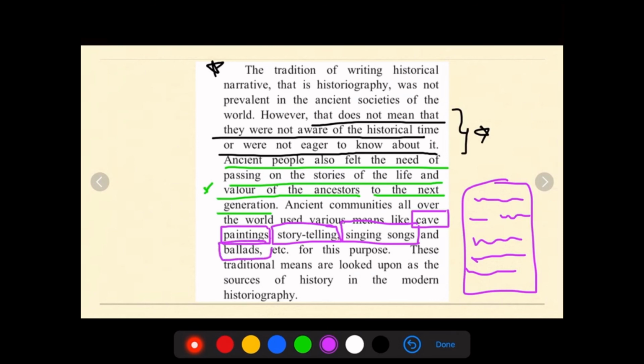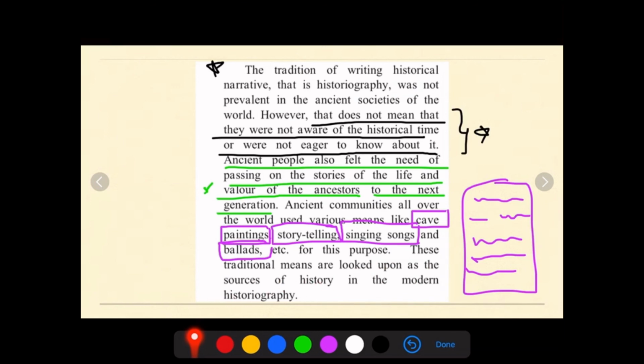Ballads are short stories or short poems. So these are the methods they used to tell the next generation: cave painting, storytelling, singing songs, ballads. These traditional means are looked upon as the sources of history in modern historiography.